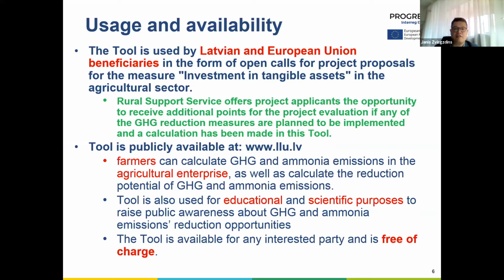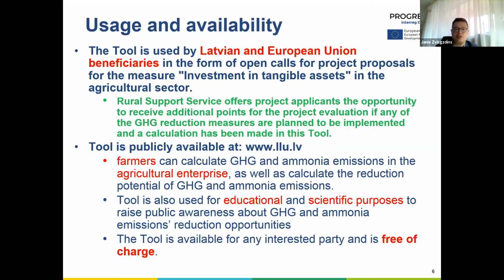Tool is publicly available at the web page of the Latvia University of Life Sciences and Technologies, so www.allu.lv, and the farmers can calculate using this tool the greenhouse gas and ammonia emissions in the agricultural enterprise, and they can calculate the reduction potential of the greenhouse gas and ammonia emissions as well.